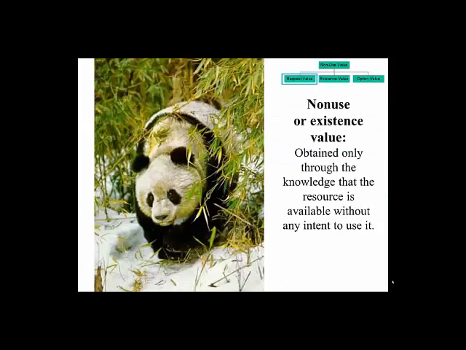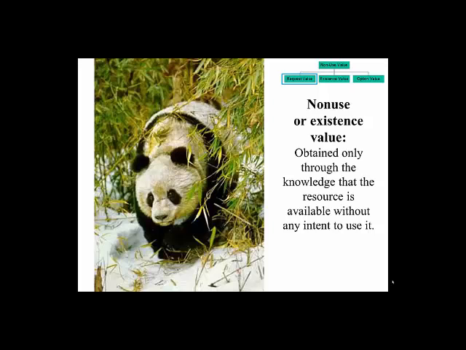Another type of value is what we call existence value. And existence value refers to things that we're never going to use. We're never going to see, and our future generations are not going to see, but we simply enjoy the fact that it exists. An example of this might be a panda in a natural environment. We all may place value on the fact that the panda exists in that environment.